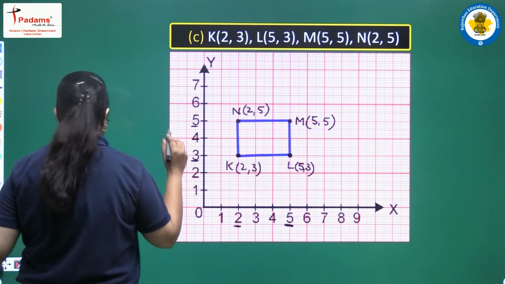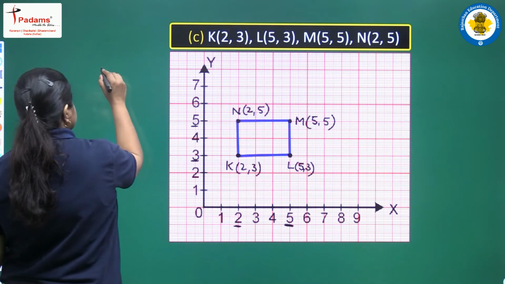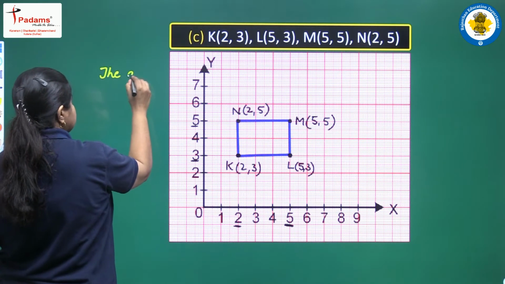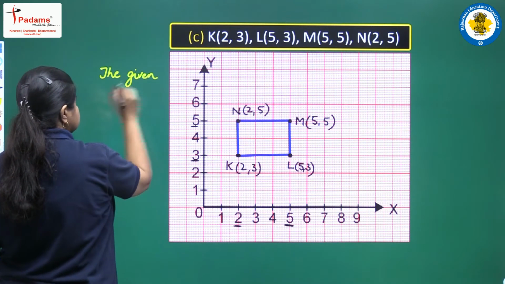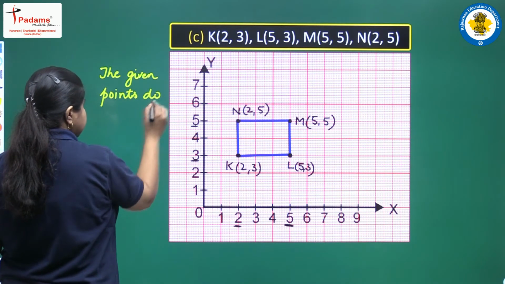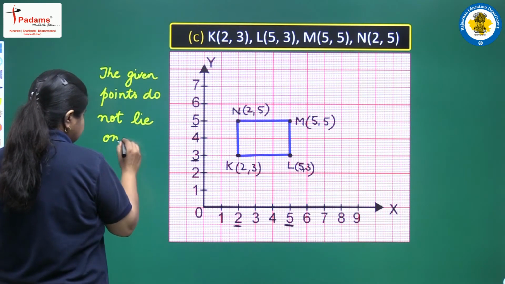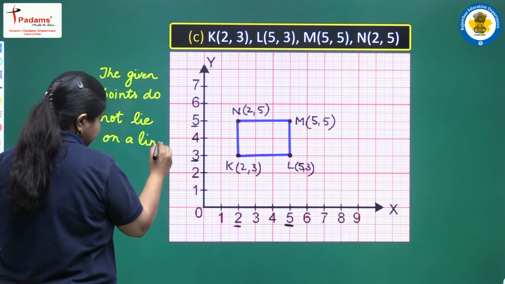So these four points are not lying in one line. Here we need to mention that the given points do not lie on a line. Okay, is it clear?